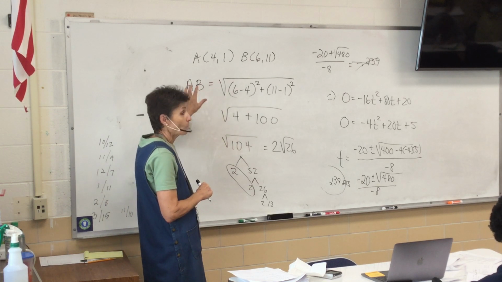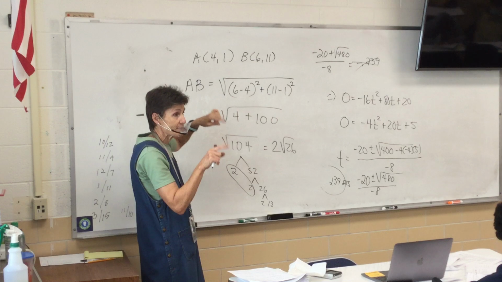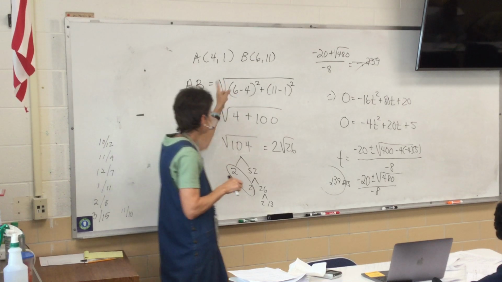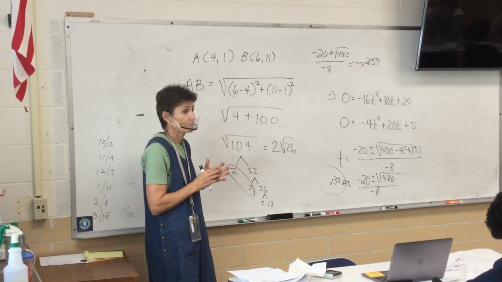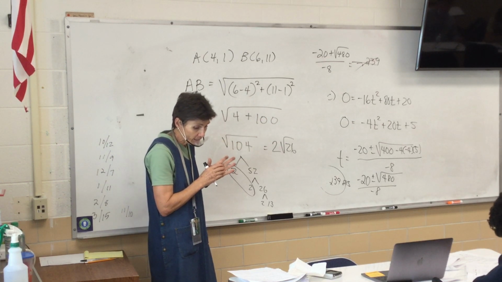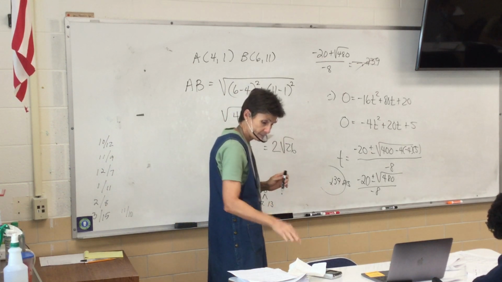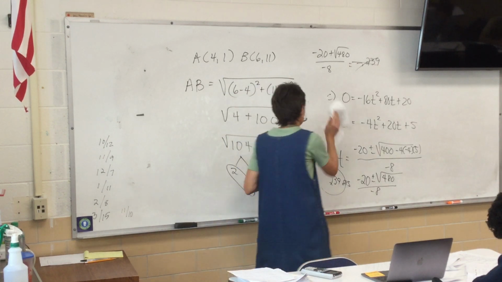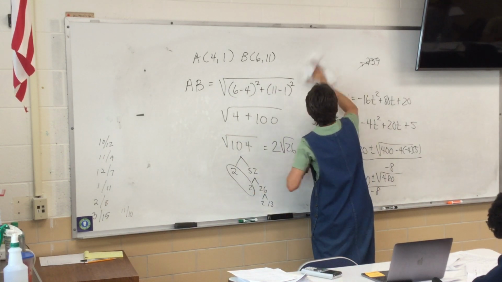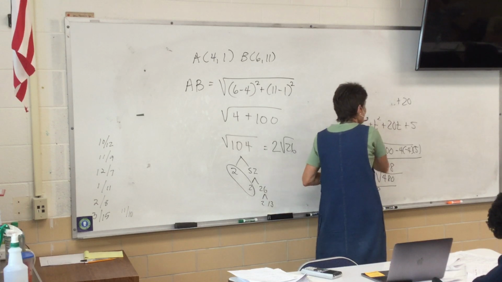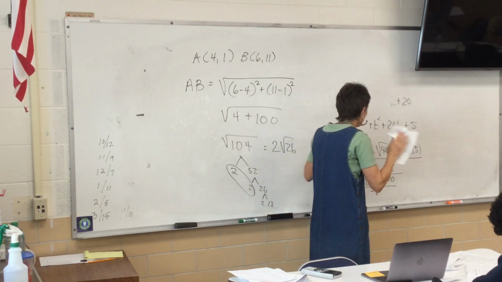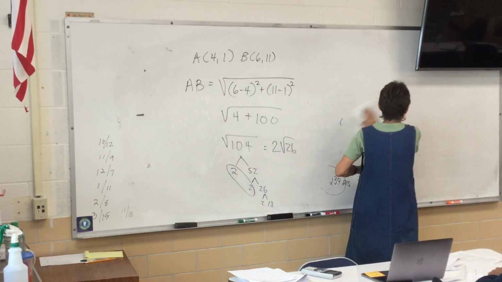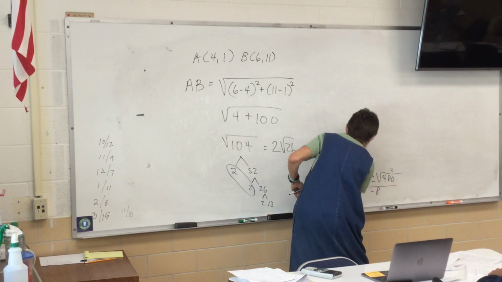Okay, so guys, what does AB mean? Distance. What does distance mean? The big radical formula. And then, Kyle, it says, find the midpoint. Midpoint, middle value. If you're in the middle, aren't you average? Yes, the middle point, the average point.